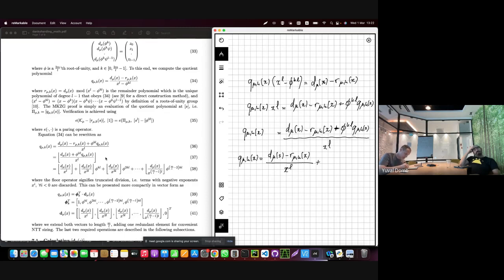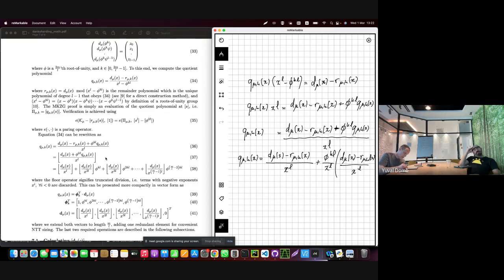Okay, and here we can do this. And then we can plug the same thing in. So here we could replug what we had before, and it would be d mu x minus r mu kx, right?